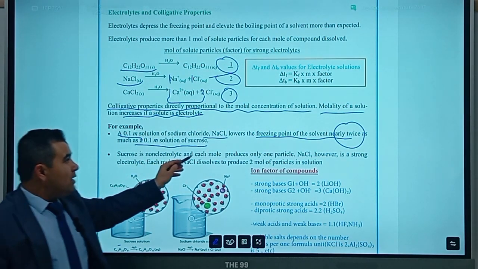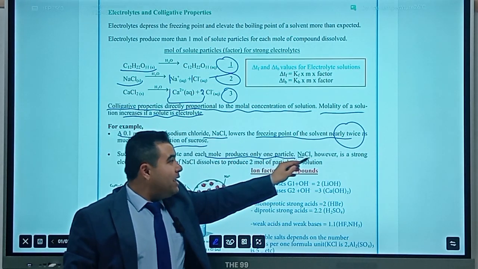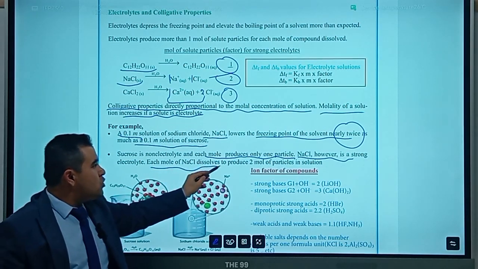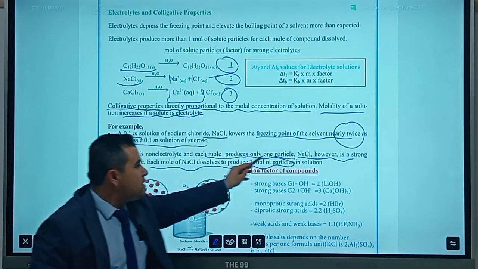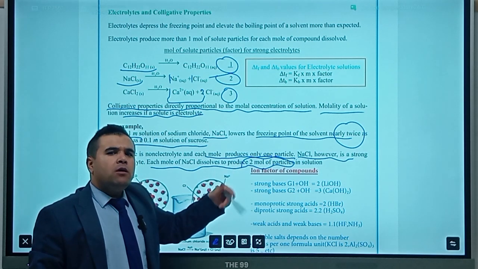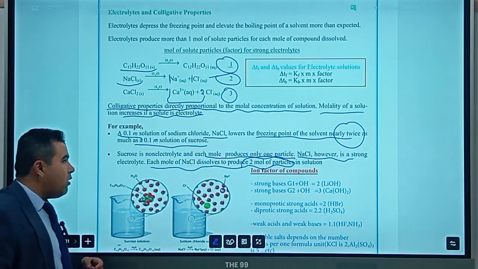Sucrose is a non-electrolyte, and each mole produces only 1 particle. But NaCl is a strong electrolyte. Each mole of NaCl dissolves to produce 2 moles of particles in the solution. So as the moles of particles increase, the effect on the colligative properties increases as well.